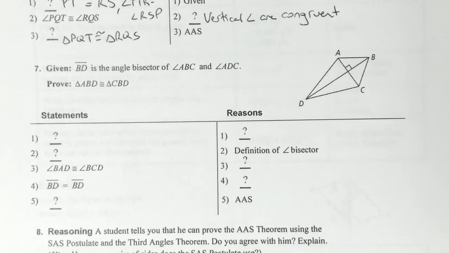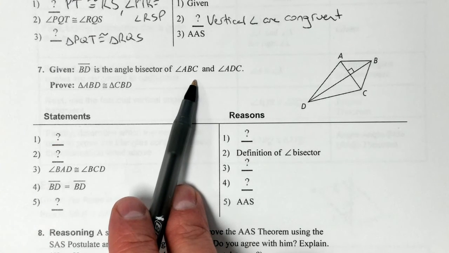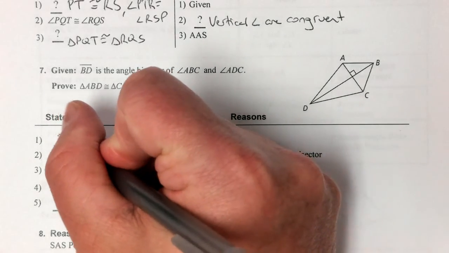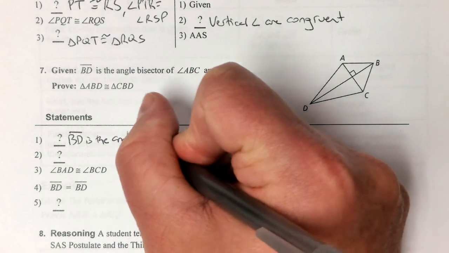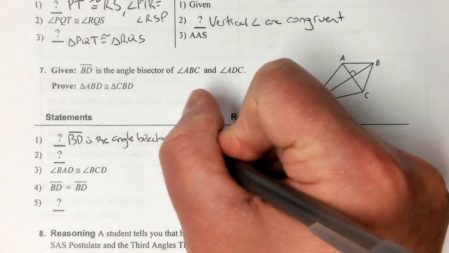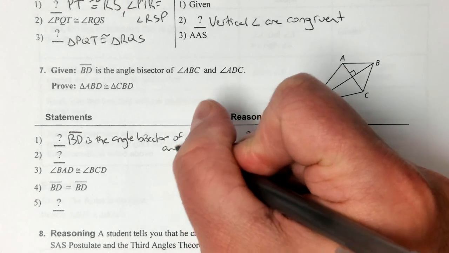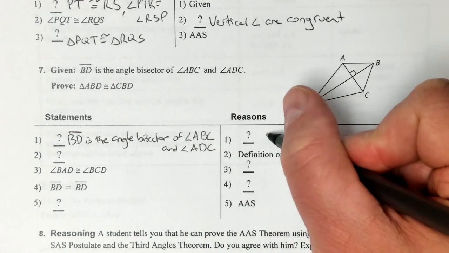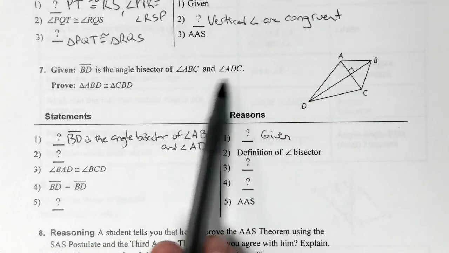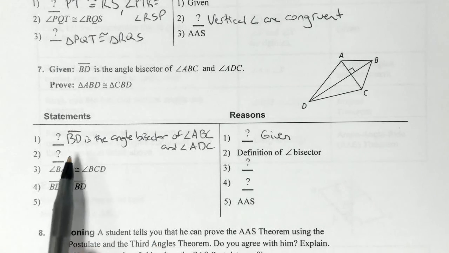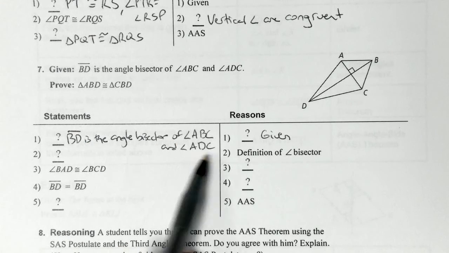Okay, then number 7. This one has your given statement first that we have to write. BD is the angle bisector of ABC and ADC. So that's given. So you basically are writing what's typed up there. BD is the angle bisector of angle ABC and ADC.